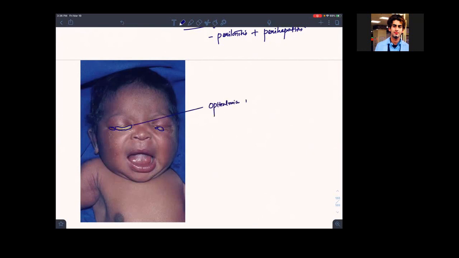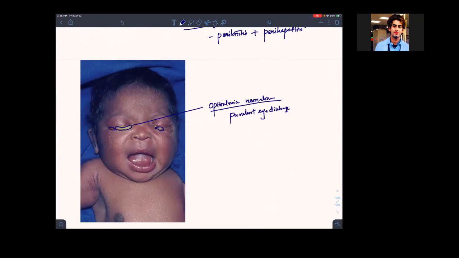In neonates, it causes ophthalmia neonatorum. What is ophthalmia neonatorum? Purulent eye discharge.